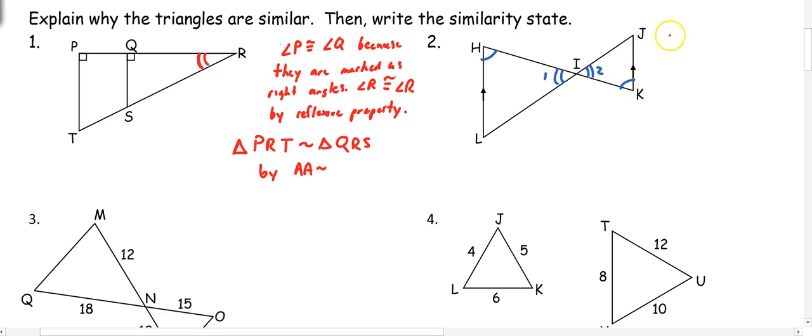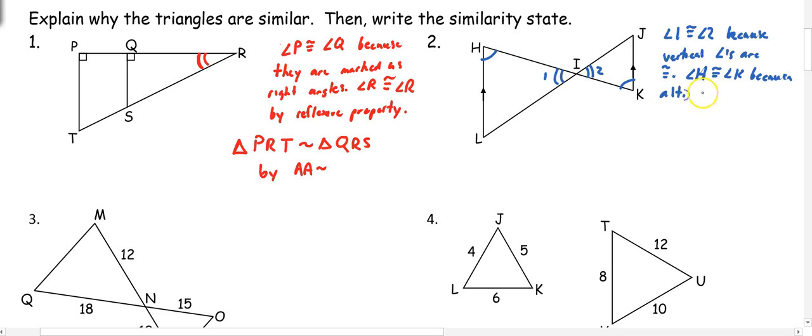So now when we explain, we would say that angle 1 is congruent to angle 2 because vertical angles are congruent. And then we could say that angle H is congruent to angle K because alternate interior angles are congruent when lines are parallel.